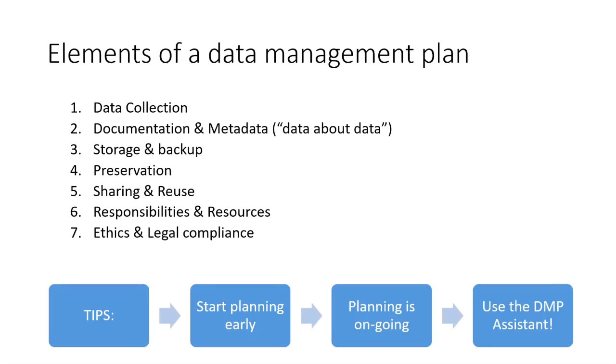So the data collection, the documentation and metadata, so the data about data, storage and backup, so where are you going to keep your data, how are you going to back it up, how often are you going to back it up, preservation, sharing and reuse, so is this going to be publicly shared, what is going to be shared, responsibilities and resources, again, this comes down to who is responsible for managing this data. Are different people responsible? Is it just the PI? And so on. And finally, ethics and legal compliance.